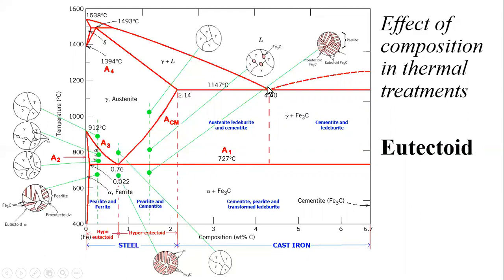Also, you have another eutectoid in which the temperature is a little bit higher, 1147 degrees, and at a different composition of 4.3% of carbon, okay? And that's all you have to know about this type of diagrams until now.